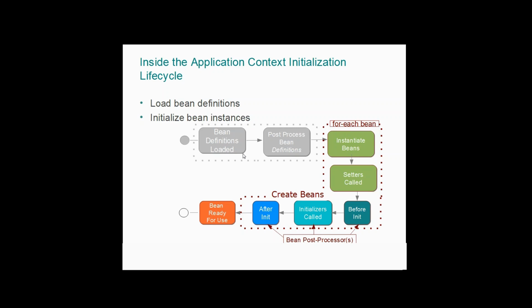So the least dependent bean definition will be picked up first to create an object. It goes through the creation process: it takes the bean with the least dependency, instantiates the bean object, does constructor and setter dependency injection, and comes to the bean post processor.